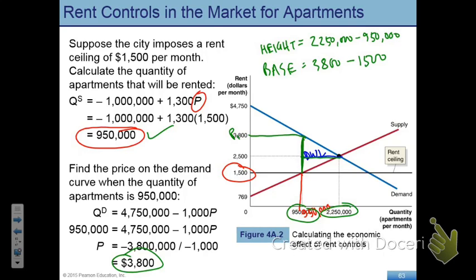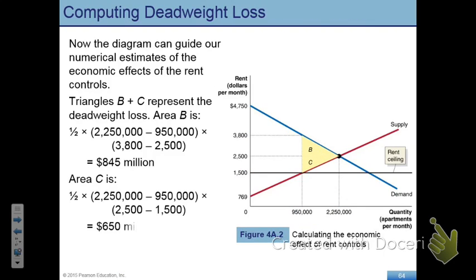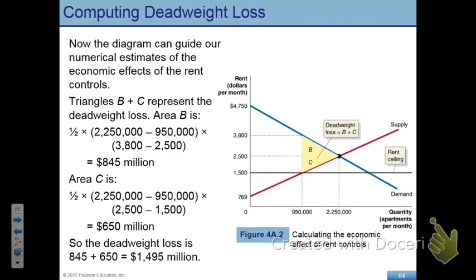Once we find the height and the base, we should be able to calculate the area of this triangle, which is our measurement of deadweight loss. So if we do the calculation right, you will find that the deadweight loss is 840 million. The units are irrelevant. What is important is whether you can calculate that.